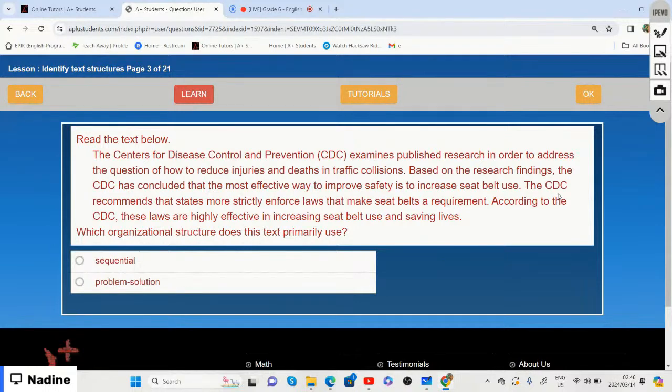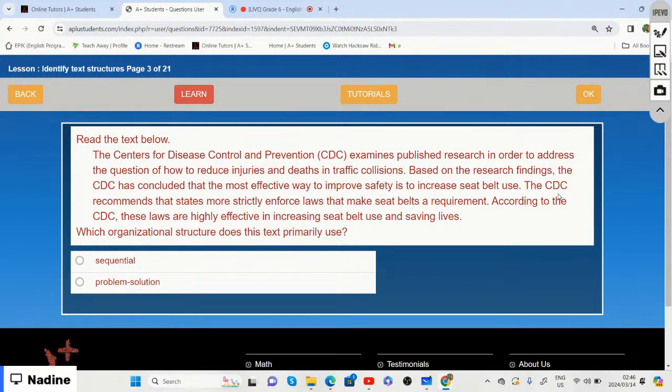All right, let's do the last one. It says the Centers for Disease Control and Prevention, which is CDC, examines published research in order to address the question of how to reduce injuries and deaths in traffic collisions, right?